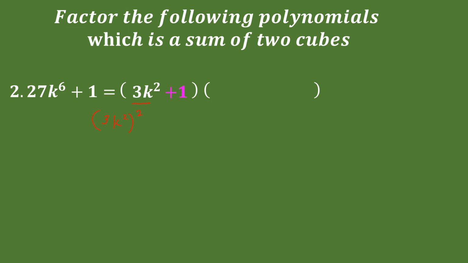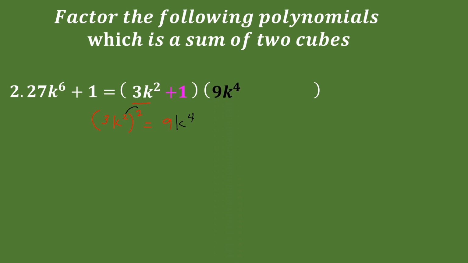So therefore, 3 squared will give us a 9, while k squared to the power of 2, remember that we need to multiply the inner and the outer exponent. Therefore, that will be 9k to the 4. So that's it.